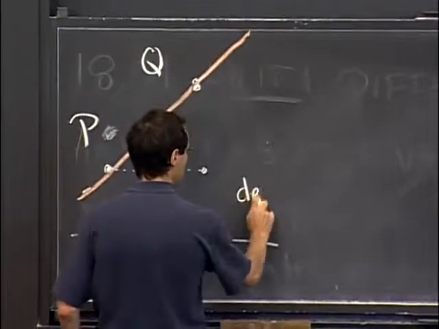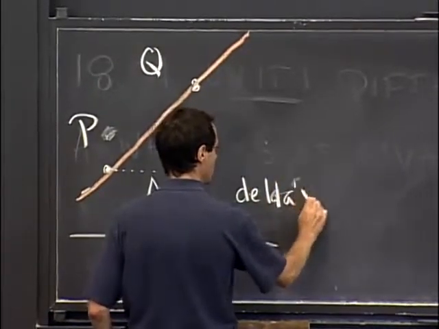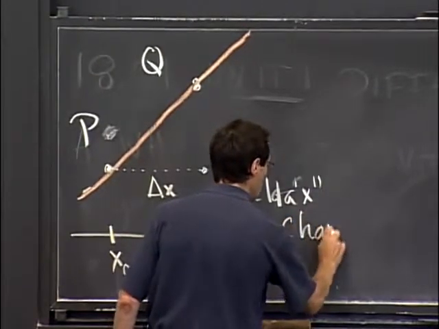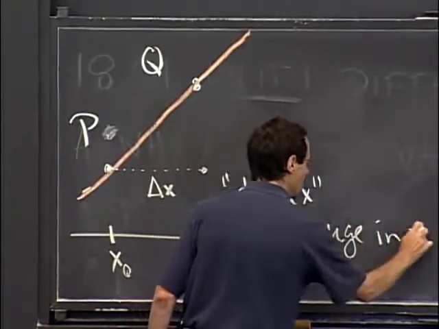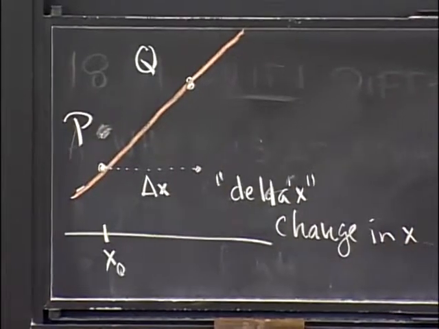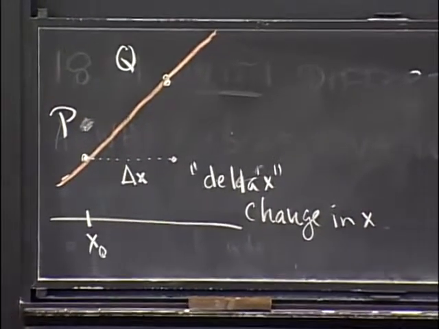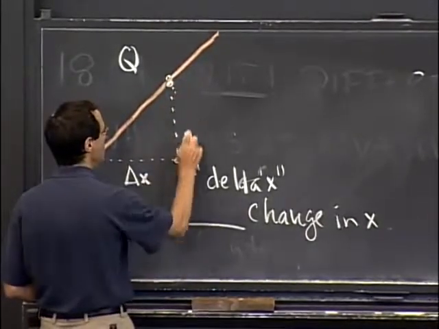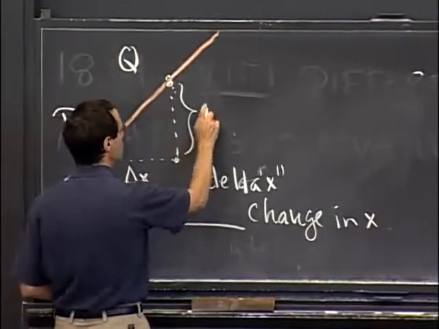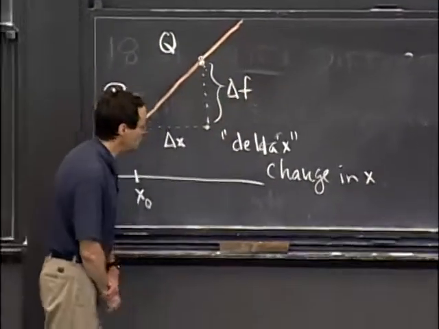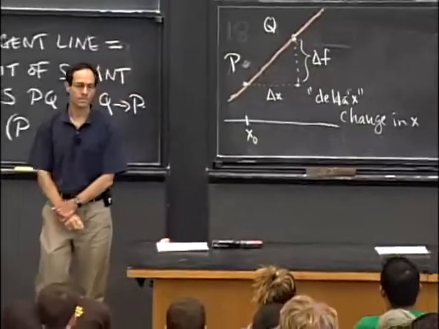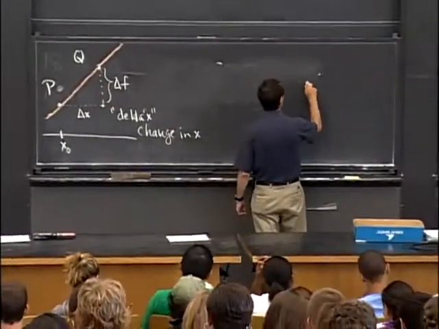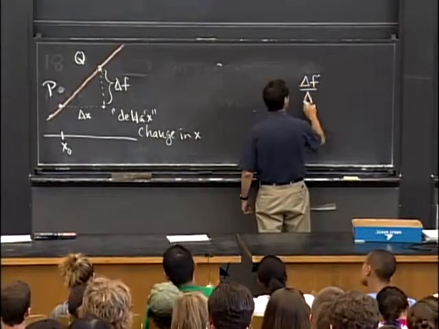So the first notation that's used is, you imagine here's the x-axis underneath, and here's the x0, the location directly below the point P. And we're traveling here a horizontal distance, which is denoted by delta x. So that's delta x, so-called. And we could also call it the change in x. All right, so that's one thing we want to measure in order to get the slope of this line PQ. And the other thing is this height. So that's this distance here, which we denote delta f, which is the change in f. And then the slope is just the ratio delta f over delta x.